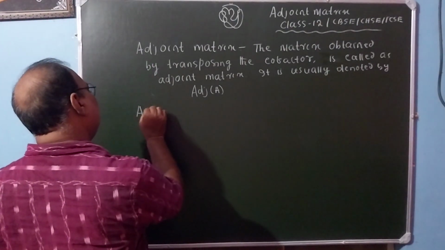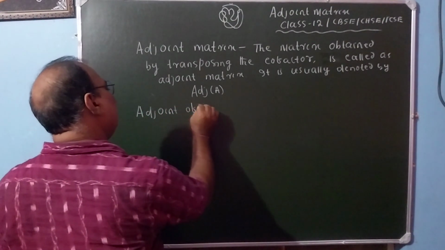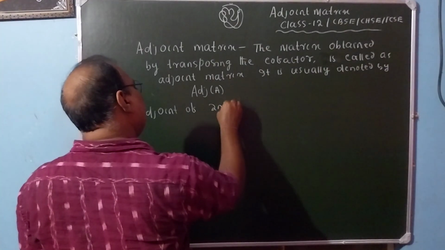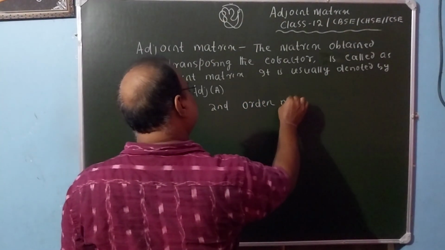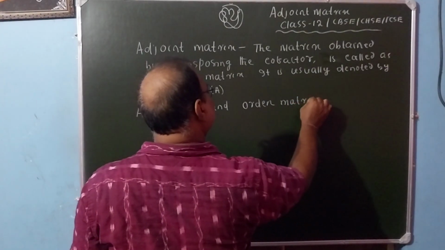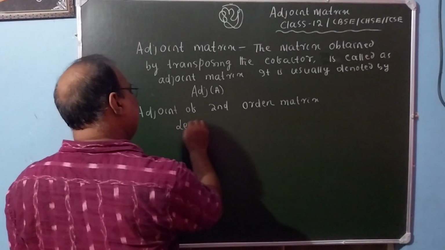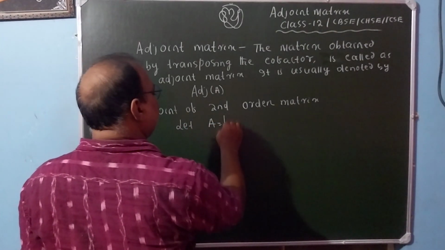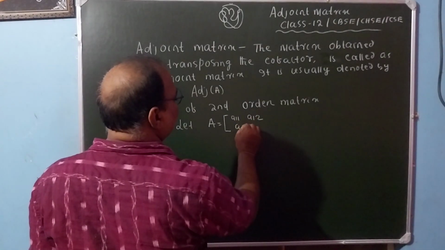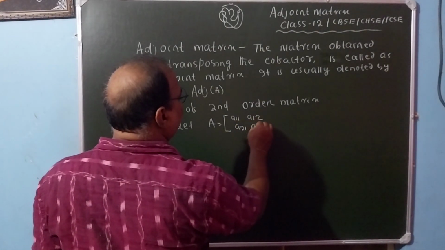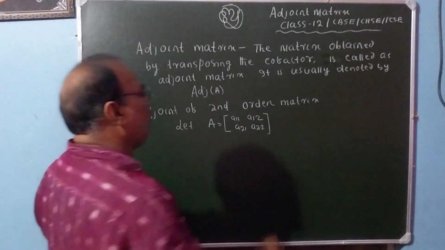First of all, we have to discuss the adjoint of a second order matrix. Let A be the matrix with entries a11, a12, a21, a22. This is a matrix of order 2 by 2.